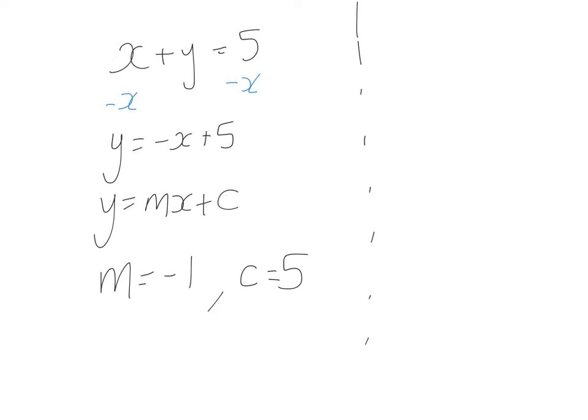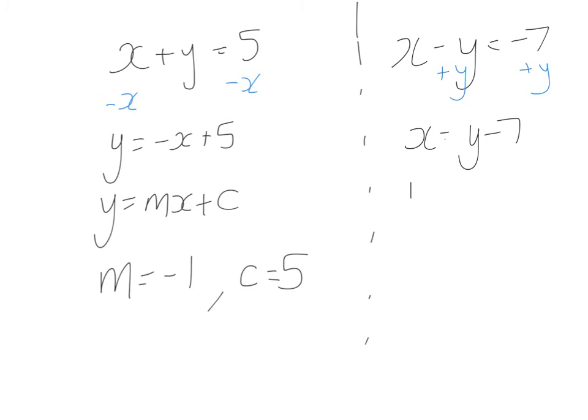My other equation is x minus y equals minus 7. I'm going to compare this with y equals mx plus c, so it doesn't look similar. I want a positive y, so I'm going to add y to both sides. So I'm going to have x equals y minus 7.